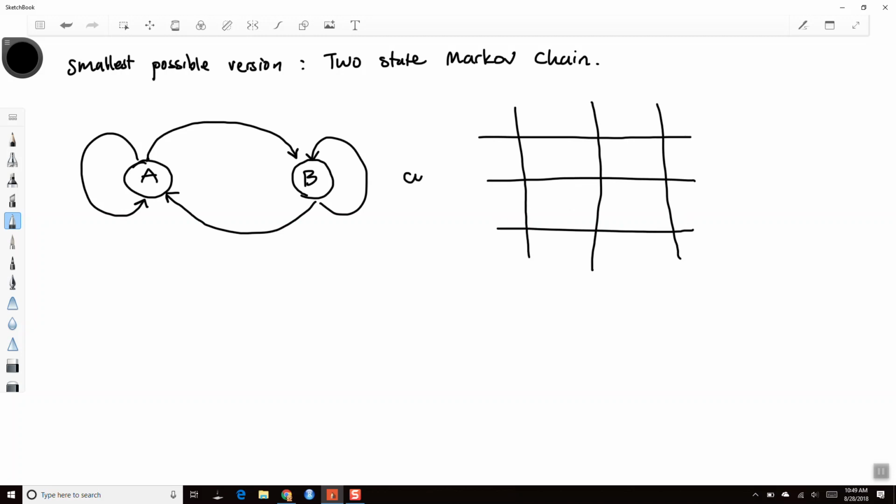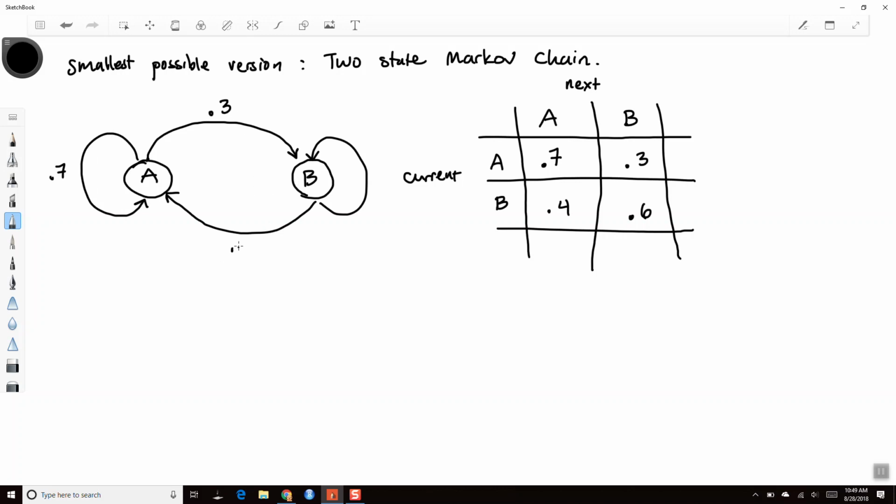And so we will have a matrix to represent this. Okay, so we'll have your current state, A and B, and here's the next state, A and B, and I don't know, I'm just arbitrarily throwing some numbers here, right? So if you're at A, you might return to A with probability 0.7. You might go to B with probability 0.3.